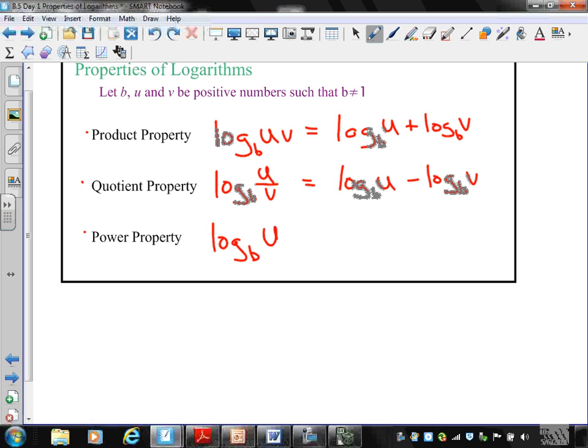We took the exponent n and we put it out front like a coefficient. So I can write this as n times the log of u, base b. And likewise, this also can work right to left. I can take the coefficient n and put it up inside and write this as u to the n. That would be working from right to left, like when we were condensing, we did that properly.